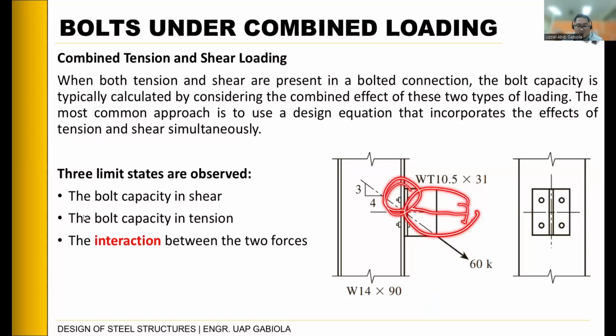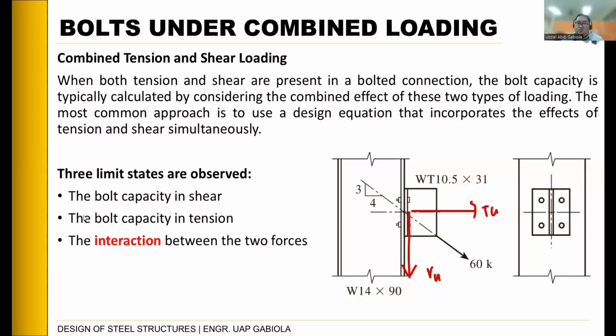Is that shear or tension? Tension po. Tension, of course, kasi ito yung bolt natin iniila natin. So that is tension. And then yung component niya downward, that is, shear off natin tong bolt natin dito, no? Yung area ng bolt natin, shear off natin. So that is our shear.